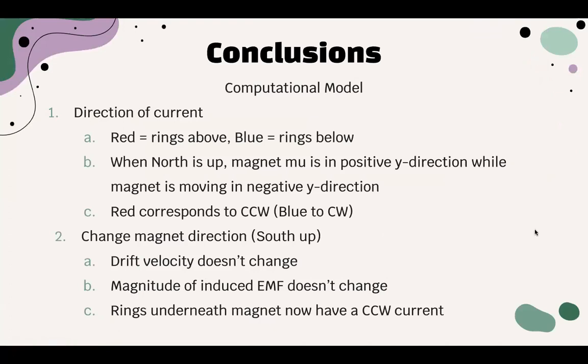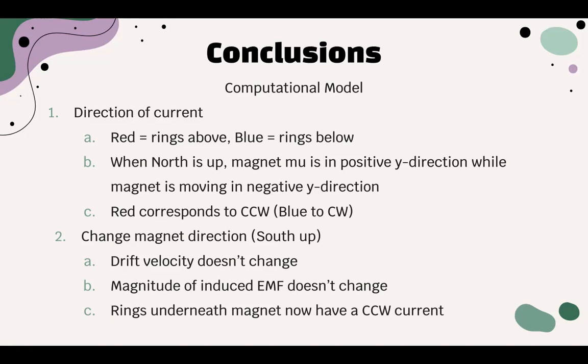My conclusions. So in order to determine the direction of the current in the red and blue rings, the red rings were above the bar magnet and the blue rings were below. And I basically used Faraday's law and Lenz's law in order to find the direction of the current. So when north is up, the magnetic dipole moment is in the positive y direction, but the magnet is moving in the negative y direction.